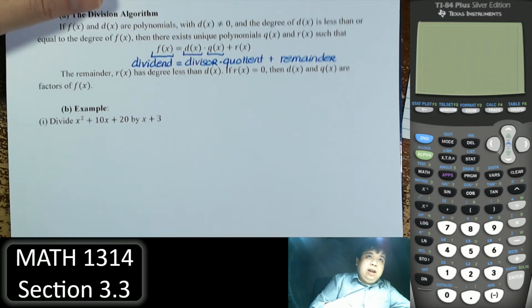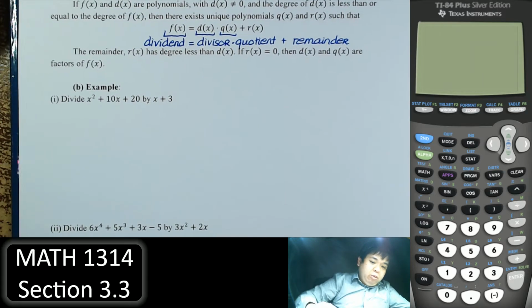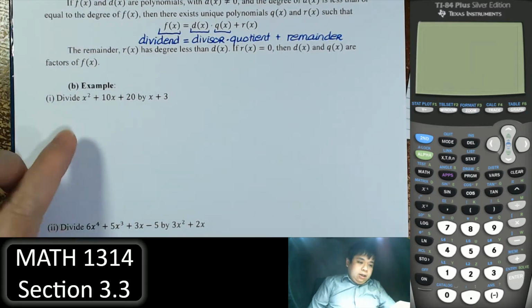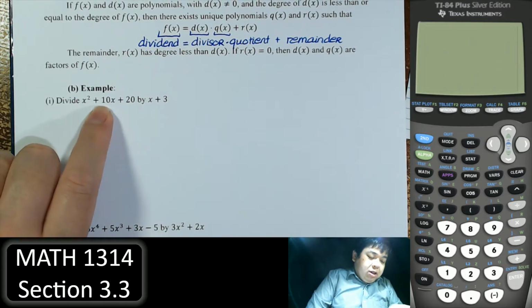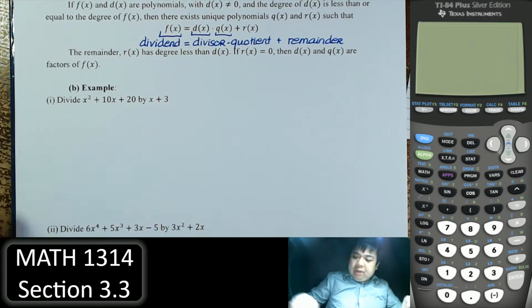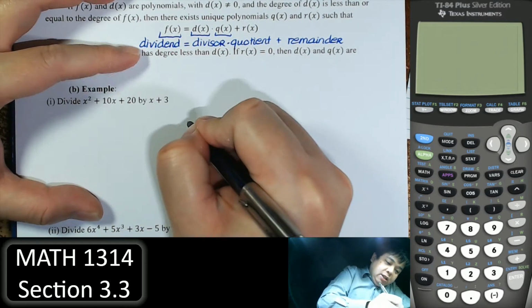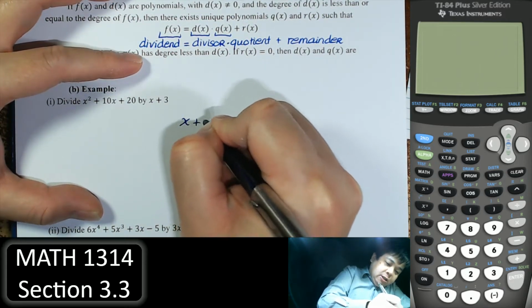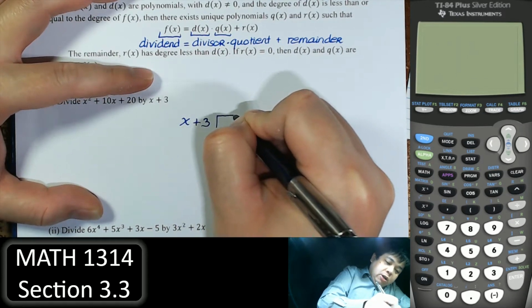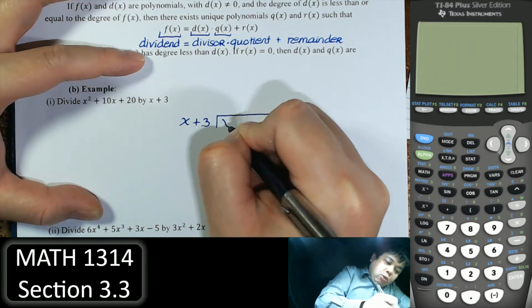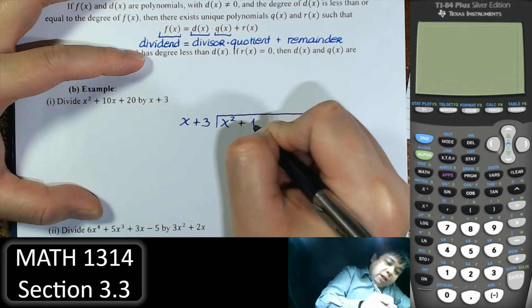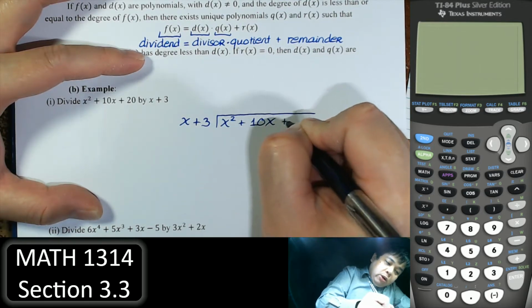Right. Now let's look at how we divide polynomials. Let's divide x squared plus 10x plus 20 by x plus 3. So we have x plus 3 going into x squared plus 10x plus 20.